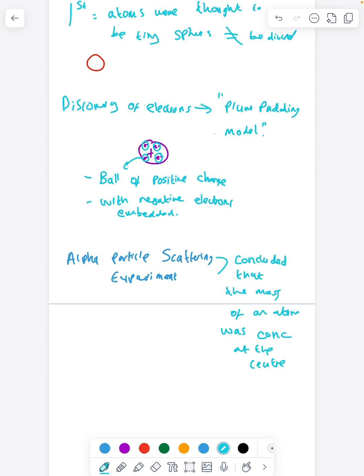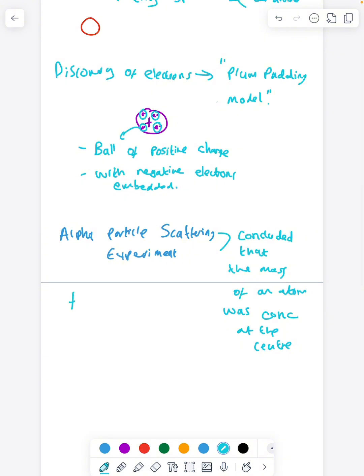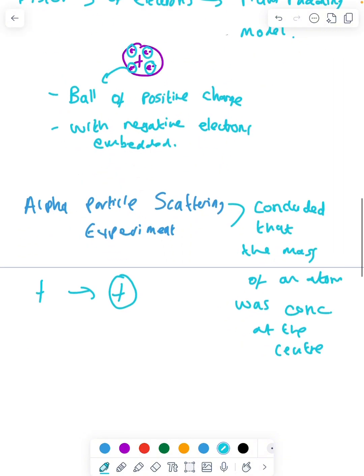They wanted to see how it would get through. Now, some emerged at different angles, some came straight back. Really, you're throwing these positively charged alpha particles at the atom, like throwing a positive charge at another positive charge in the middle, and they came bouncing right back. Why would that happen? Because positive things repel, right?